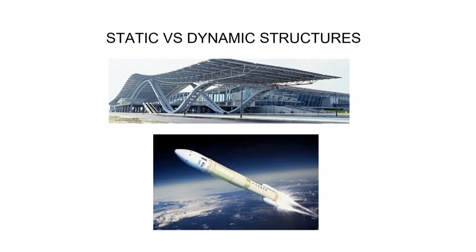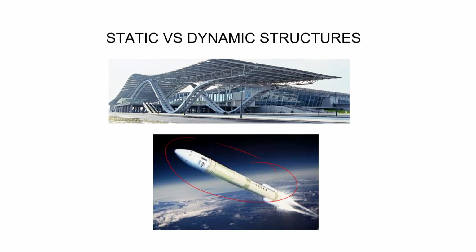Now, another important point I want to make is that the structures I have discussed so far are static structures. Static structures do not have any relative motion, but there are structures which can have relative motions inside. There are dynamic structures like a rocket, a car, a train.